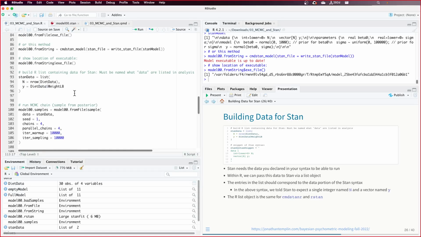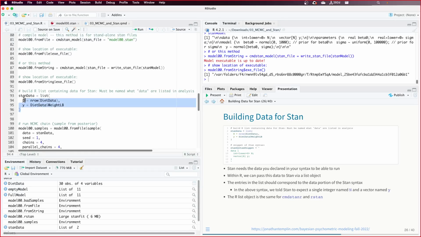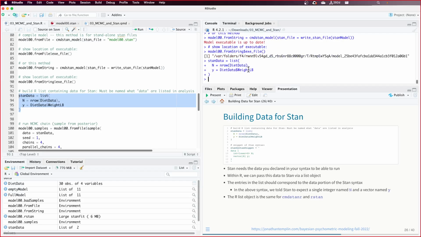In R, we then create data using a list itself. Are you familiar with R list objects? Lists in R are ragged arrays. They're sort of arrays of objects. So what's an array? It's a box, a container that you can access what's in it either using a number or a name.